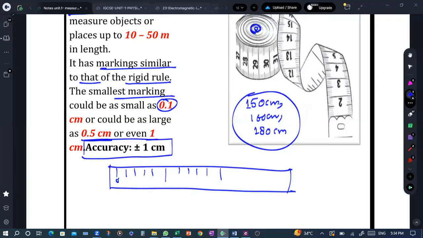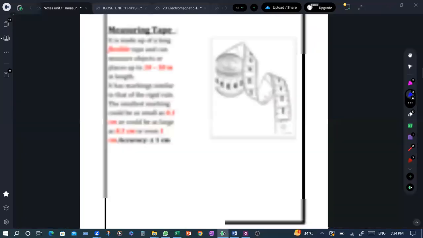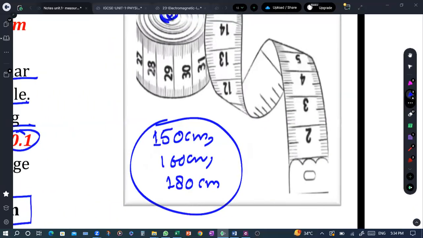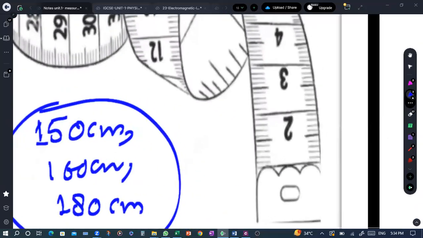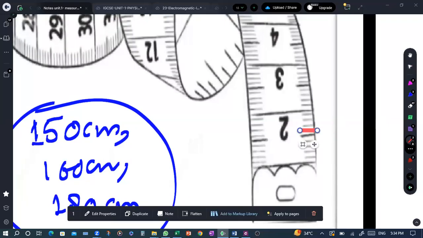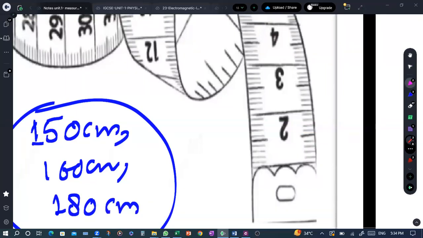What does it mean? This is a centimeter line. If I say the distance between this line and this line is basically 1 centimeter, isn't that wrong?